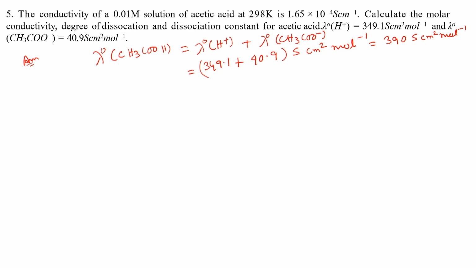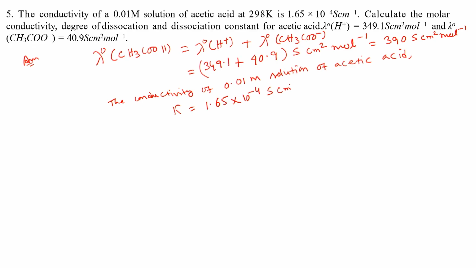Okay. Now, lambda c. The conductivity is given. The conductivity of 0.01 molar solution of acetic acid, value of kappa, right? Kappa is 1.65 times 10 raised to the minus 4 S centimeter inverse.